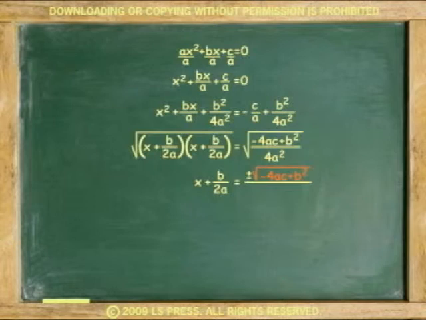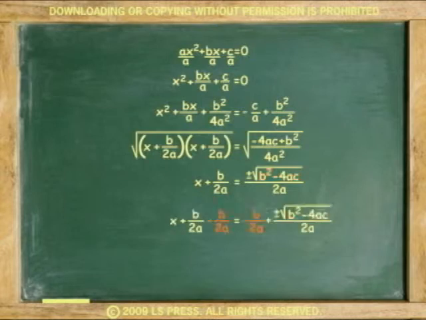Notice here that every square root has a positive and negative value, and the radical sign must start with plus or minus. Next, the denominator of the right-hand side has been simplified. The square root of 4 is 2, and the square root of a squared is a. Notice also that the expression under the radical has been switched and now starts with b squared. This doesn't affect the value, but the expression looks better.